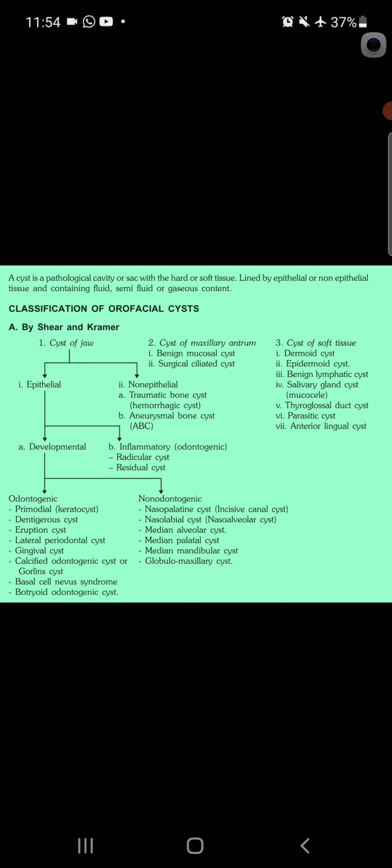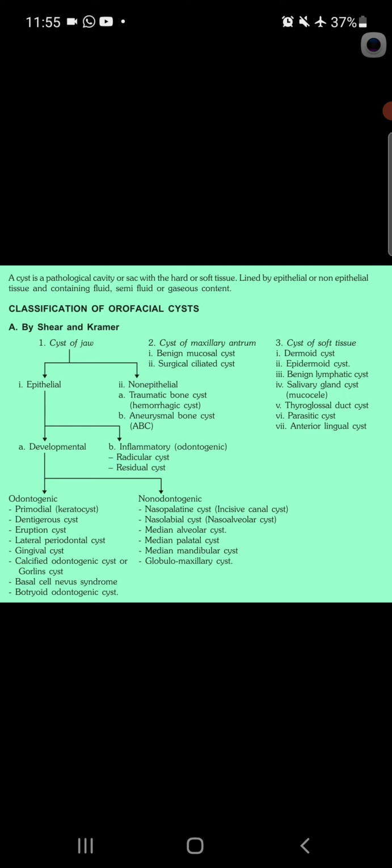We will also discuss important points regarding each cyst, because in the last NLE attempt, the March exam, marsupialization and enucleation MCQs and OKC odontogenic keratocyst MCQs came.